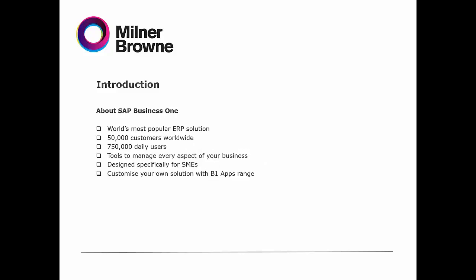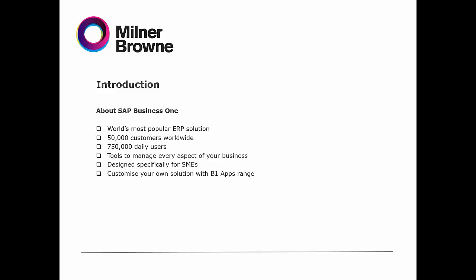SAP Business One is the world's most popular ERP solution. 50,000 companies use the solution across the world, an average of 750,000 daily users. Within the software, there are tools to manage every aspect of your business, so there's no need to use disparate solutions for finance or production. It's been designed specifically for SMEs.